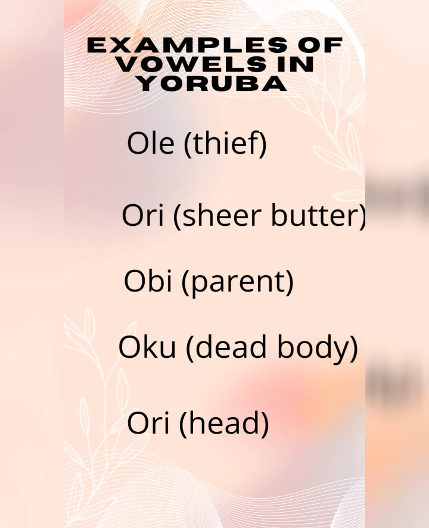You will notice it has the same spelling with Ori, shea butter. Ori means head in English language, Ori in Yoruba language, but it's not pronounced the same way. Just like in English language, we have homonyms, homophones, words that are spelled the same way but have different pronunciation.